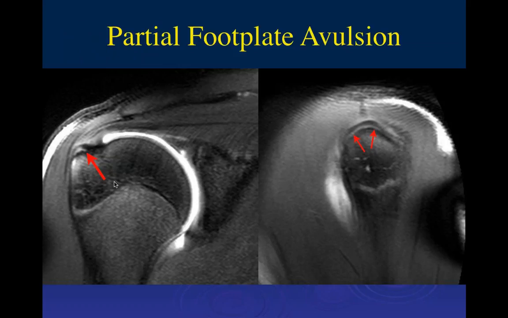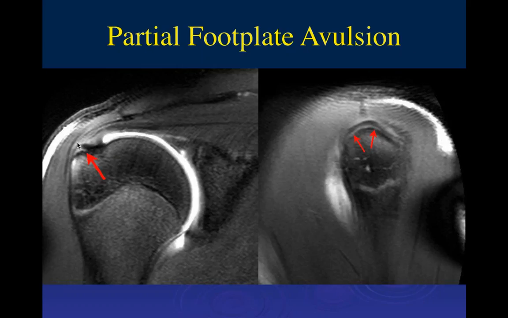So this is a partial avulsion of the footplate insertion of the supraspinatus tendon in this location. In these young individuals, these kinds of avulsions will heal quite rapidly. They have very good healing ability. If not, as you can see, this can extend, and you can get an avulsion of the tendon off of its bony attachment.